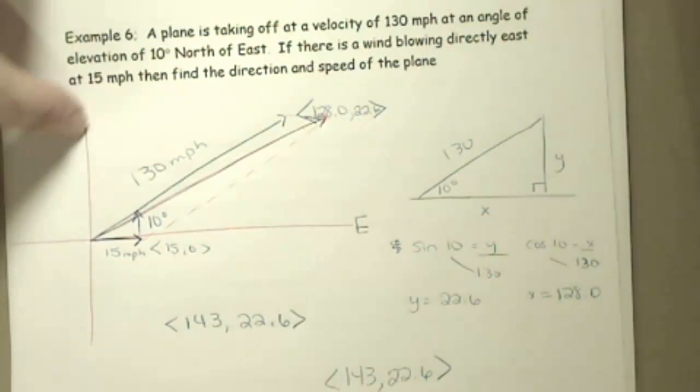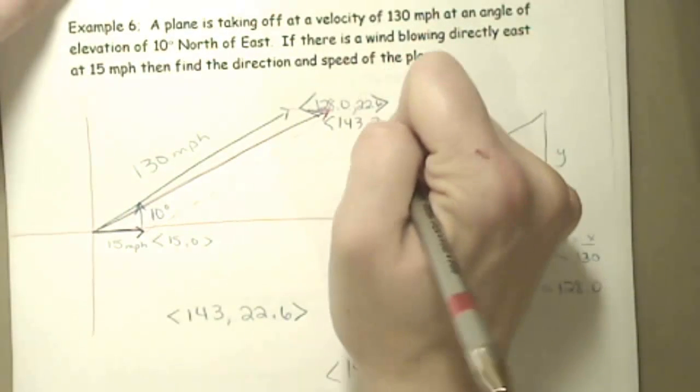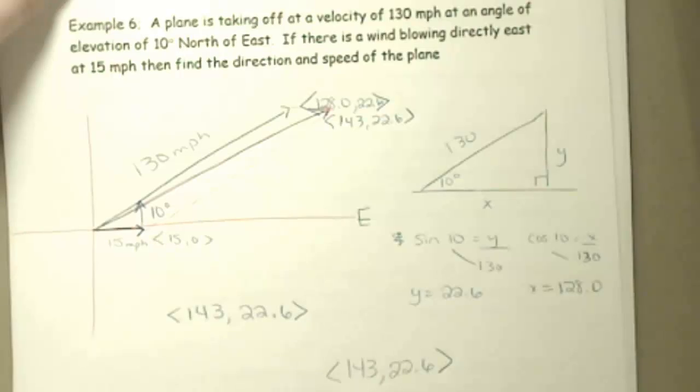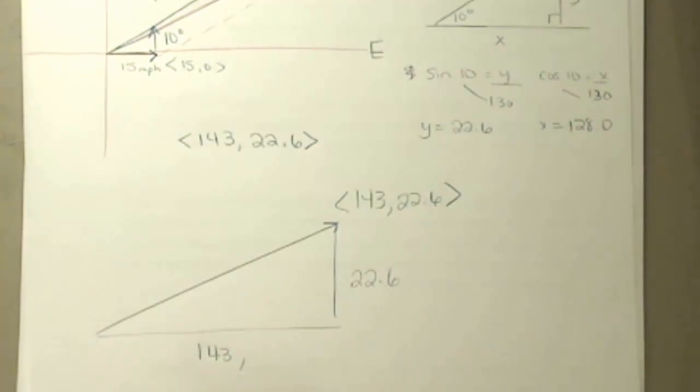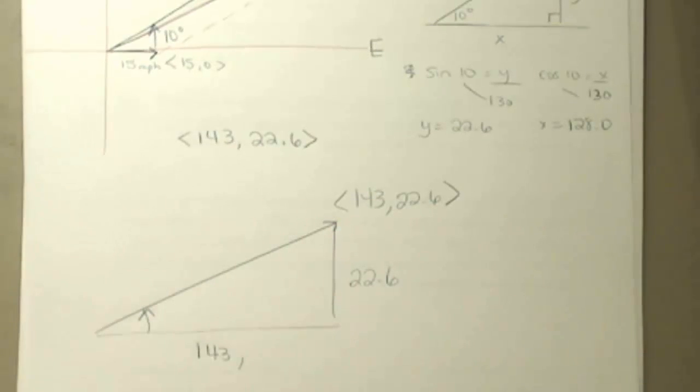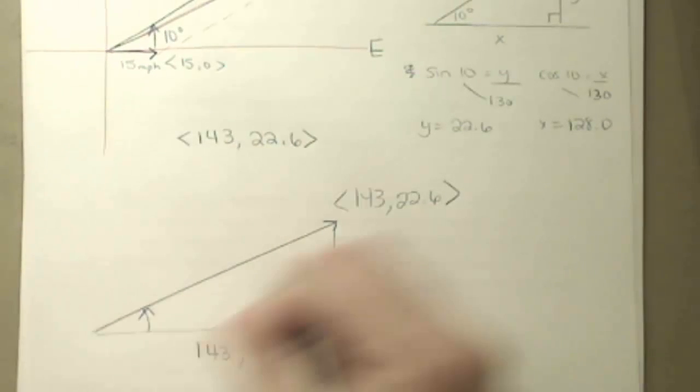So now I'm just going to look at the resultant vector, 143, 22.6, separately so that I can calculate its direction, degrees north of east, and its magnitude, or length.